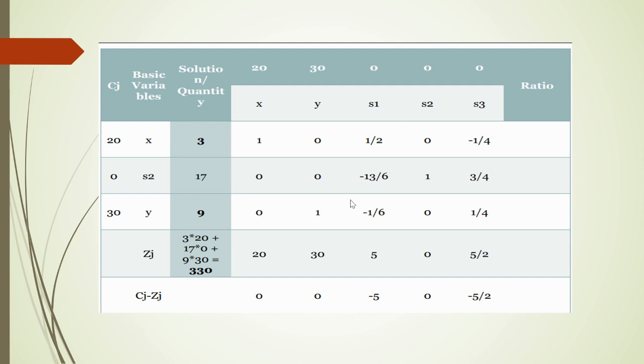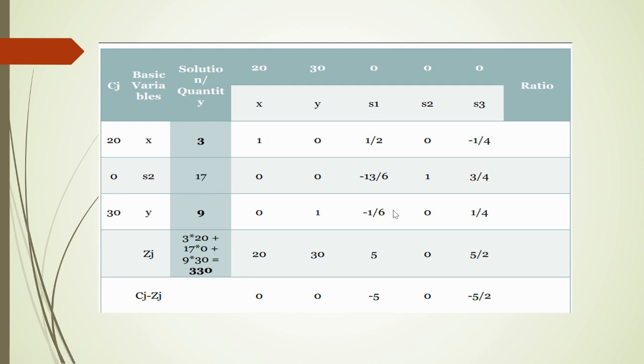After using this formula, this is the new row we got by dividing by the pivot element, and these are the rows we got by the formula.